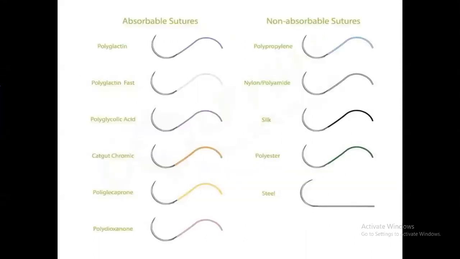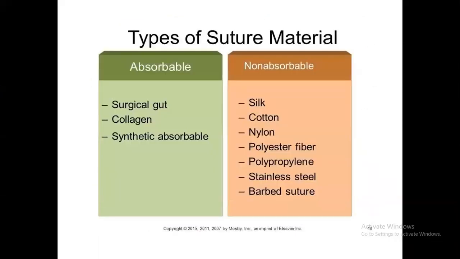Then these are some kinds of suture material: polyglactin, polypropylene and all, silk, polyester, steel, all of those are some kinds of materials. All of those are the classification of absorbable and non-absorbable. Then see, in absorbable, we have surgical gut.